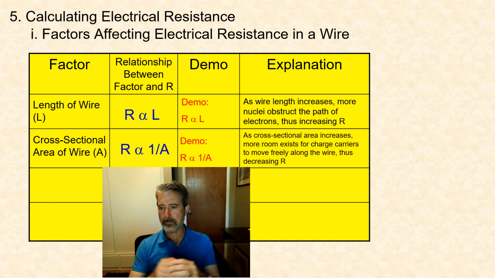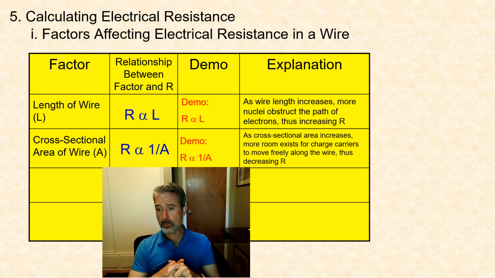Well, when you think about it, as the cross-sectional area or thickness of the wire increases, there is more room for the charge carriers, that is the electrons, to be able to move from one end of the wire to the other. There are more potential pathways for those electrons to take in a thick wire than in a thin wire.